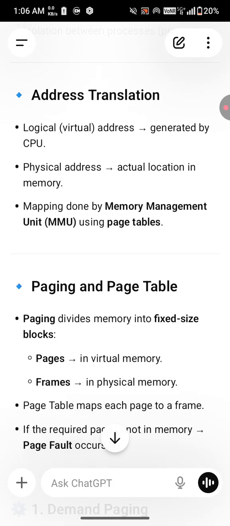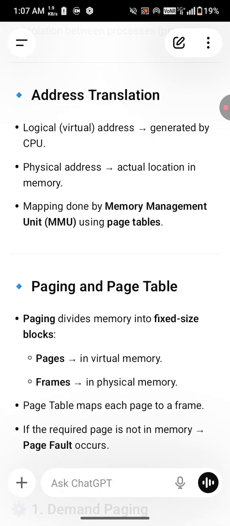Paging and page tables. Paging divides memory into fixed size blocks. Pages in virtual memory, frames in physical memory. Page table maps each page to a frame.